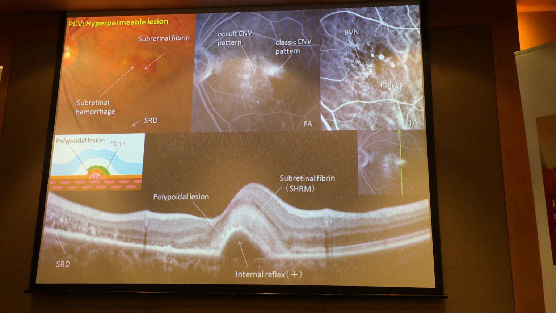On ICG angiography, there is a BVN and polypoidal region. OCT shows very specific findings in this region. You can see a polypoidal region in the center, and there is subretinal fibrin, called subretinal hyperreflective material, and there's internal reflex under the RPE.